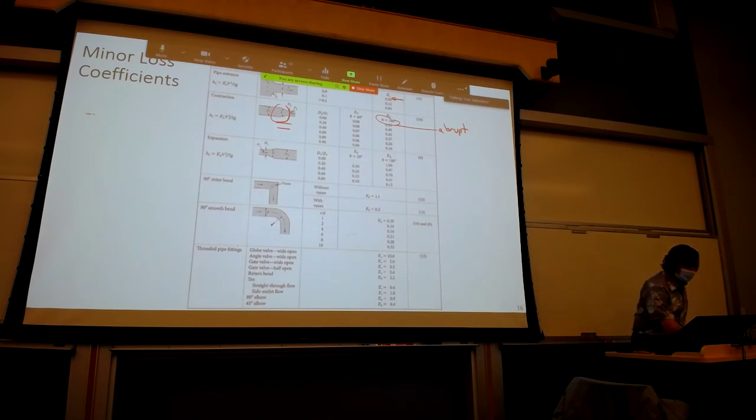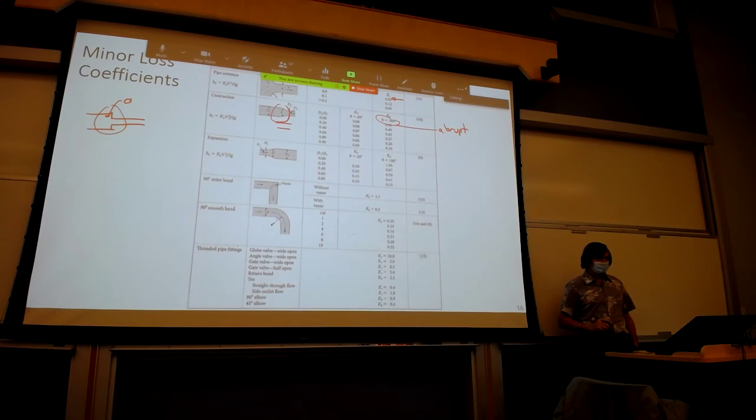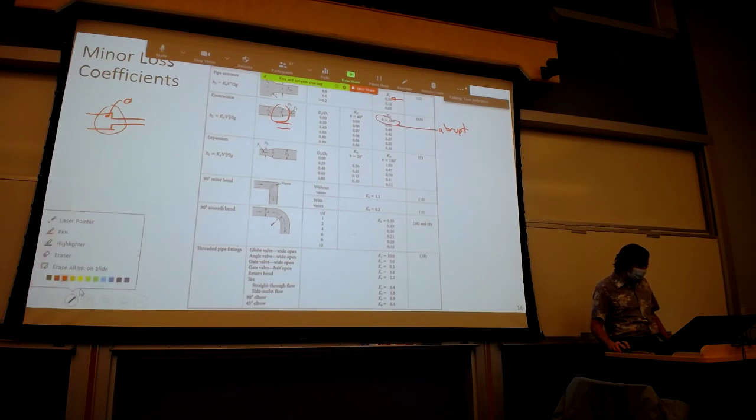But also, for an abrupt contraction, you have this blunt wall, and that's creating a lot of excess turbulence in that location. So that's why the abrupt contraction would have a much higher energy loss coefficient than a gradual contraction.